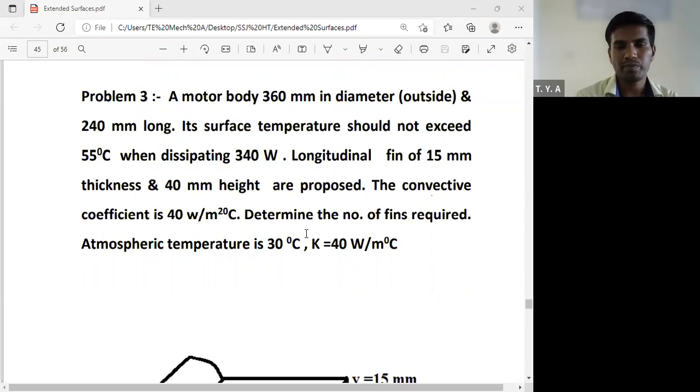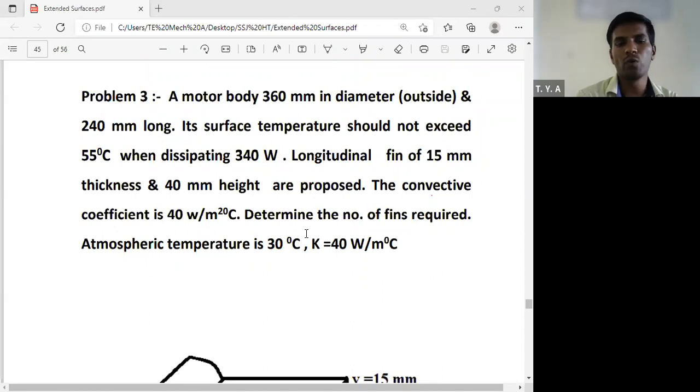Longitudinal fin of 15 mm thickness and 40 mm height are proposed. Full stop.